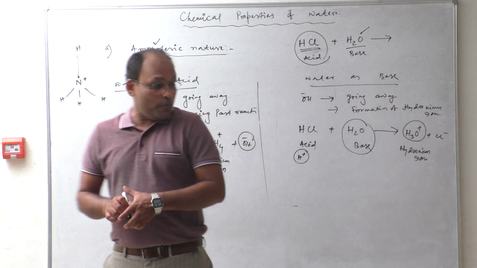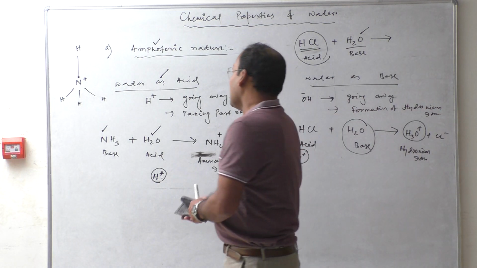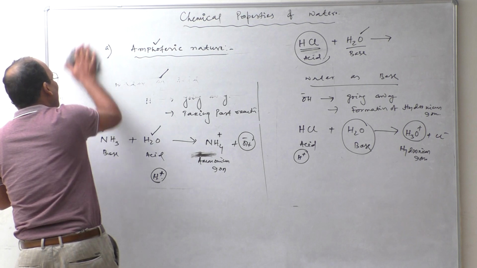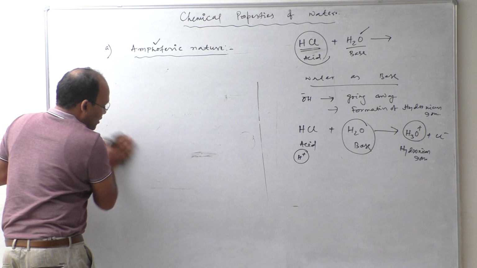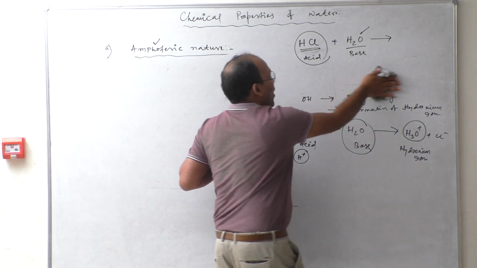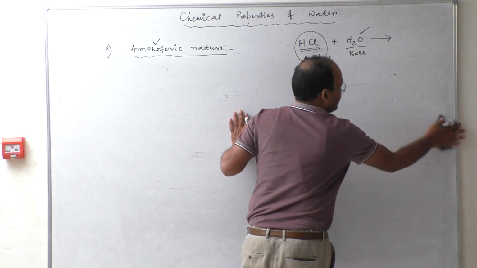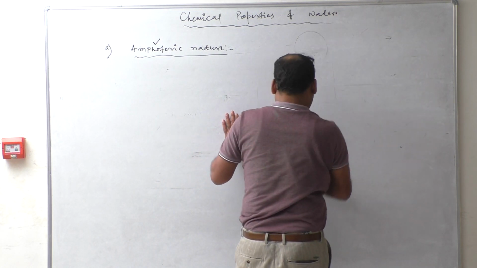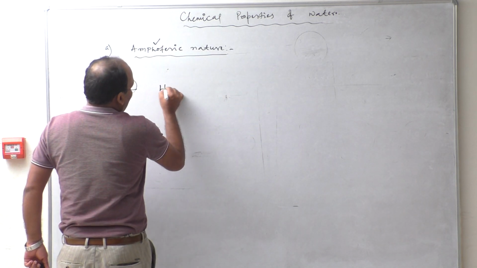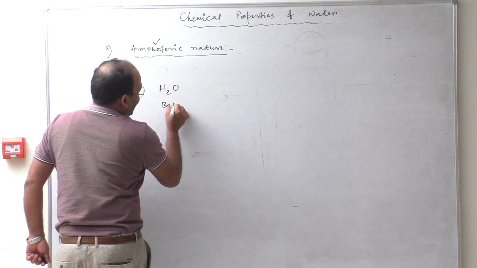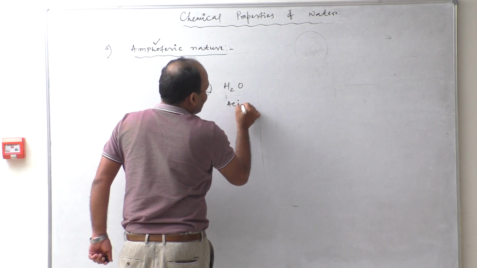One more important thing, as you know that water has dual behavior, that means acid and base. So a water molecule may react with another water molecule. Then what will happen? If one water molecule is base, the other water molecule is acid. You will see that H2O acts as a base plus H2O acts as acid.